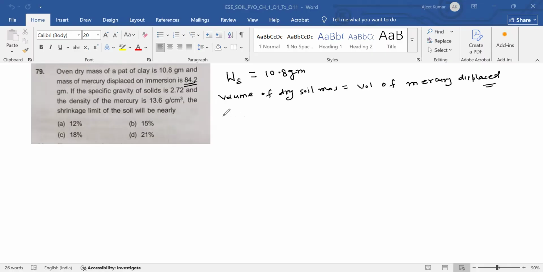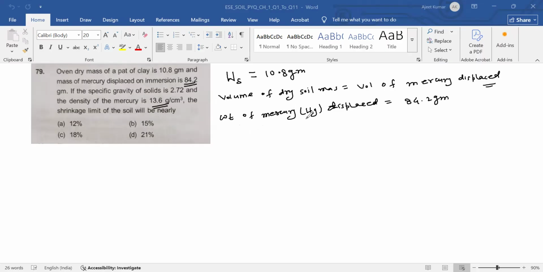So the weight of mercury displaced, Hg, is equal to 84.2 gram, and density of mercury is 13.6 gram per centimeter cube.